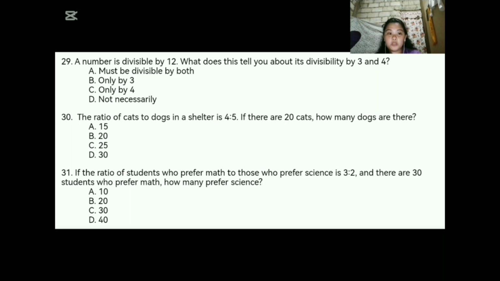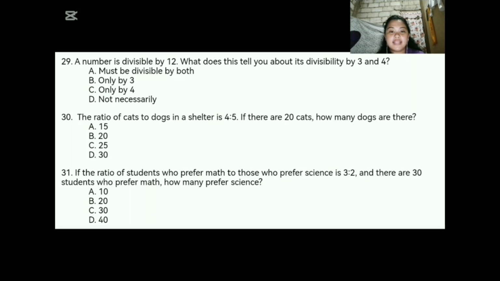So how about 31? If the ratio of students who prefer math to those who prefer science is 3:2, and there are 30 students who prefer math, how many prefer science? It is the same process or formula as number 30. First get the given number, which is the 30 students who prefer math.